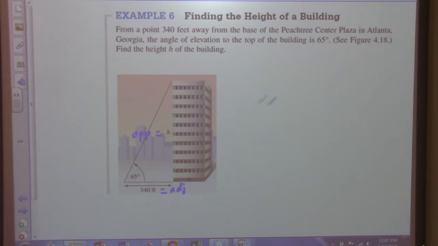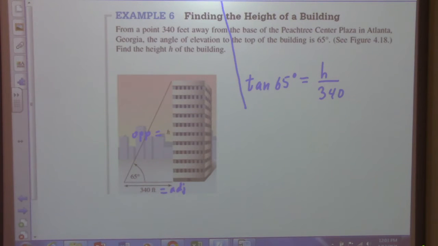So we can say the tangent of this angle, 65 degrees, is equal to the height of the building over 340, our adjacent. So we have an equation we can use to solve for the height using tangent. And this is probably the most common real-world application of trigonometric ratios that we're going to use this year.